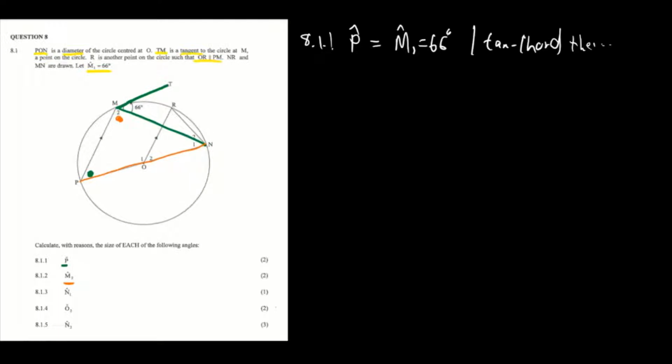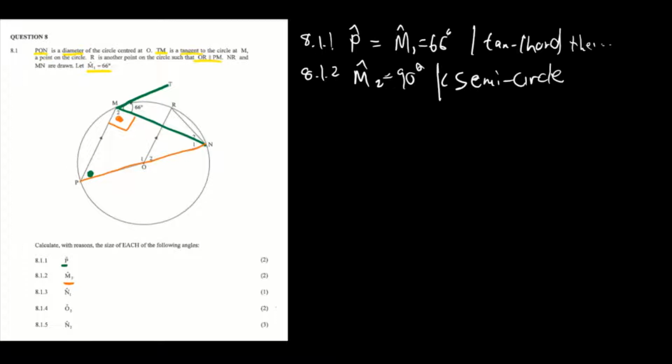So this diameter produces an angle here, which is 90 degrees. So 8.1.2: angle M2 is equal to 90 degrees. The reason for that is angles on a semicircle. So that's how we find M2.